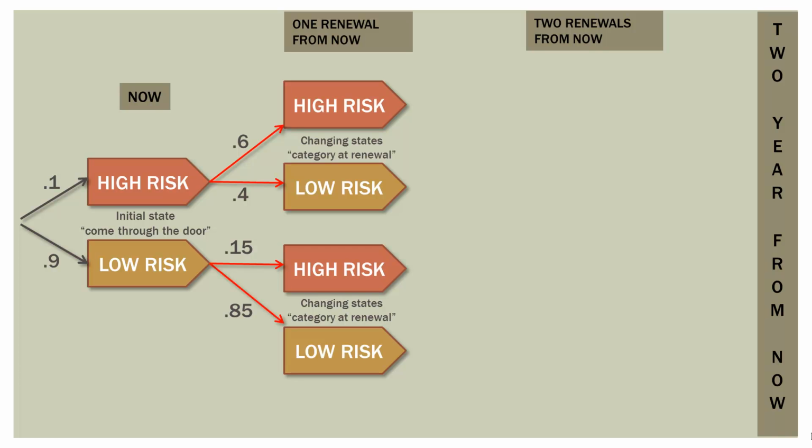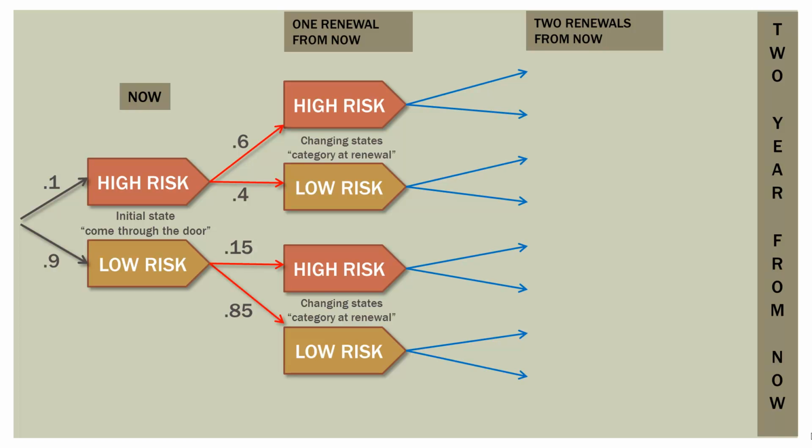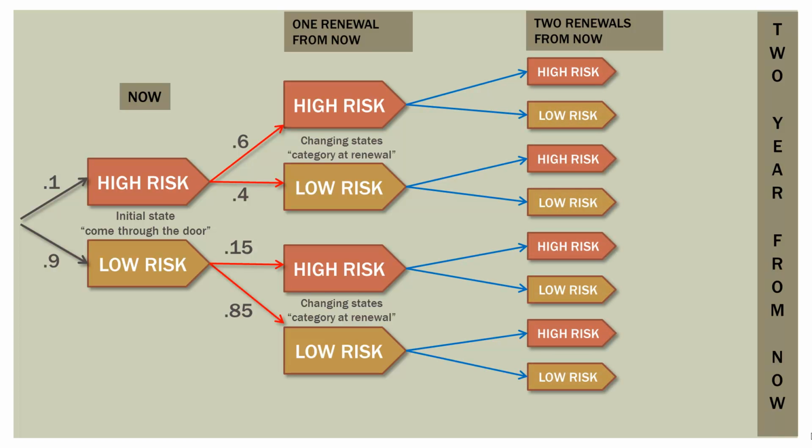There we go. So that is the one-step process, the one step in this problem. So this is the same thing as on the previous slide. But now we need to go another step. So from each one of these states at the end, the driver can go into high risk or low risk again the next year. So it looks like this.